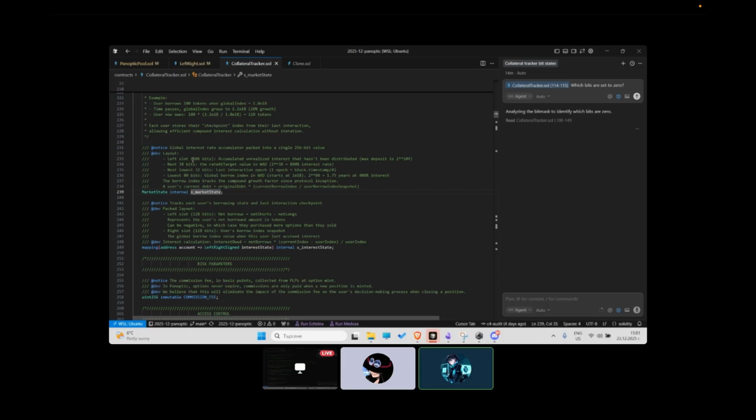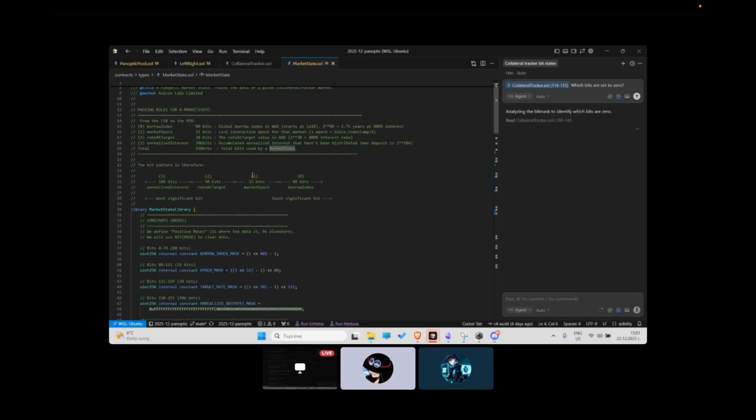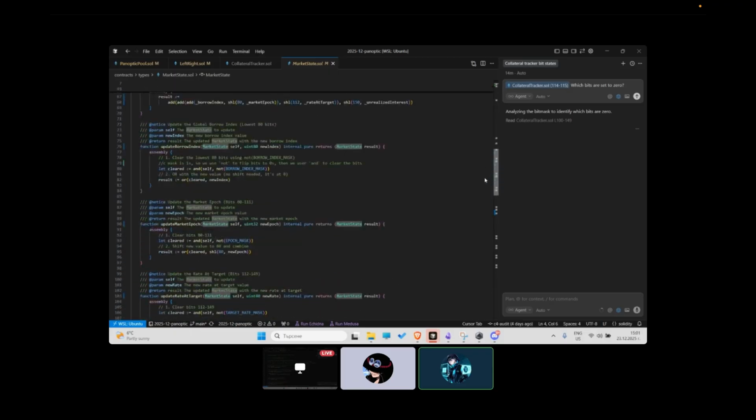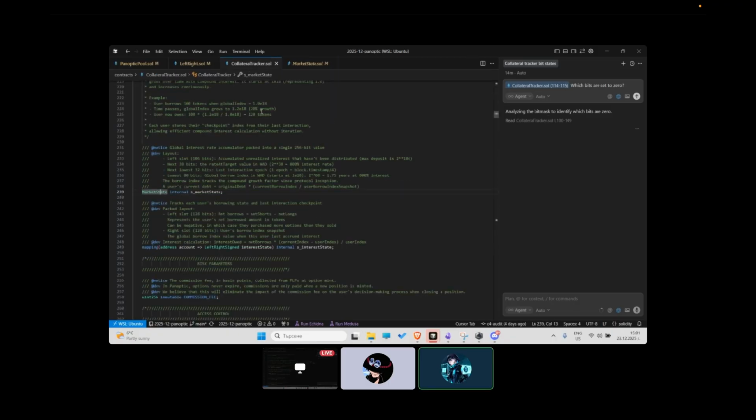If you open the market state type and go through it, you will know how their storage works. Once you know that, it becomes much easier, because you just use the market state, which you know is correct. Is this a struct or not?